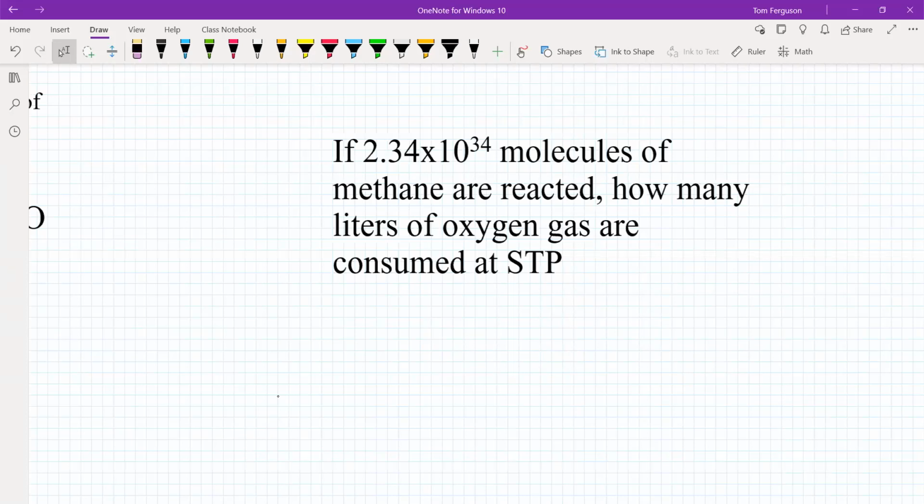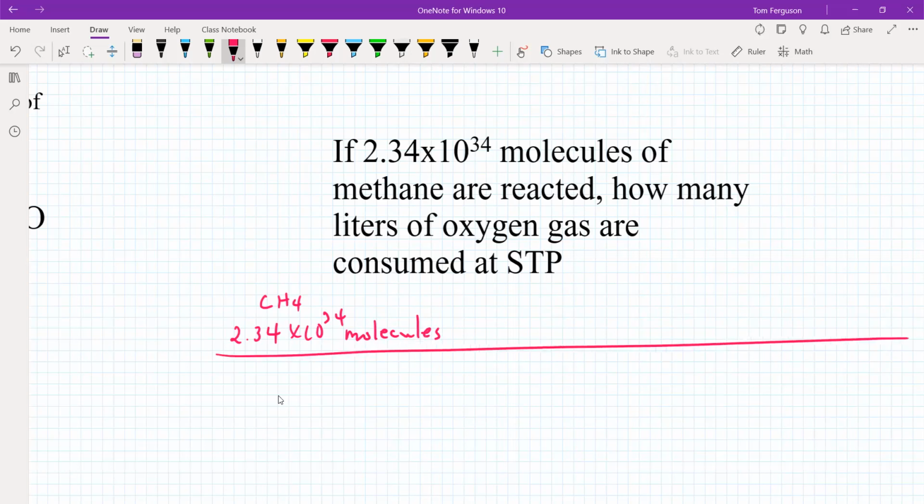Okay, this is a little different slant. 2.34 times 10 to the 34th molecules of methane are reacted. How many liters of oxygen gas are consumed? And of course, at STP. So we're starting with molecules of methane.